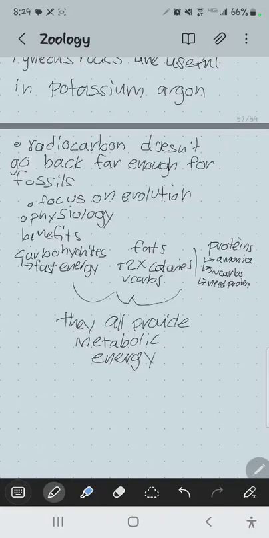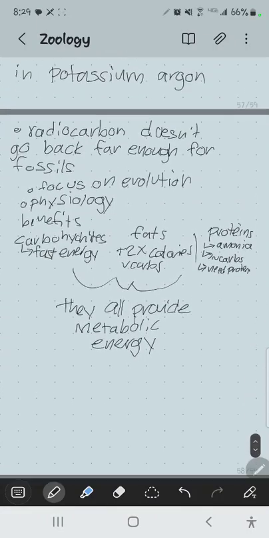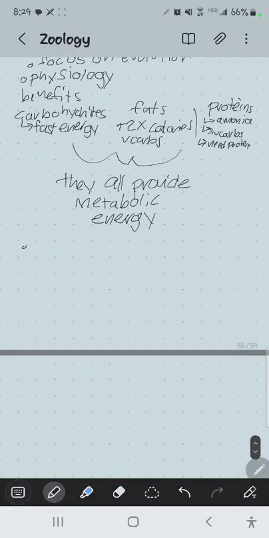Okay, so we talked about feeding, and then along with feeding, animals essentially are all aerobic. They demand oxygen in order to break down and metabolize their biological molecules.